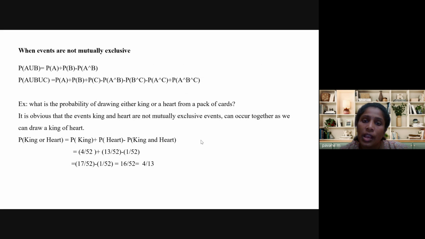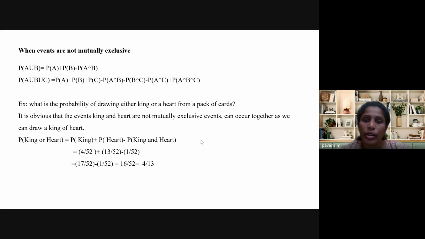That means for a single card only you can get king as well as heart. So the occurrence of king and heart in a single card is 1 by 52. So 4 by 52 plus 13 by 52 minus 1 by 52 is 16 by 52, that is 4 by 13. So that is the answer for this problem, 4 by 13.